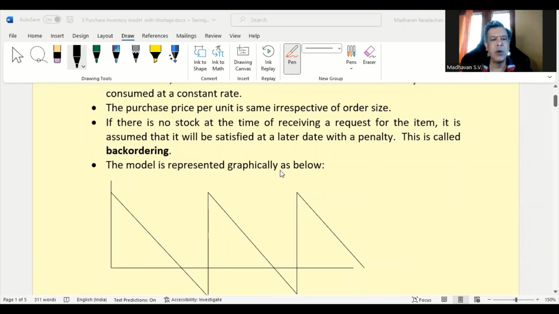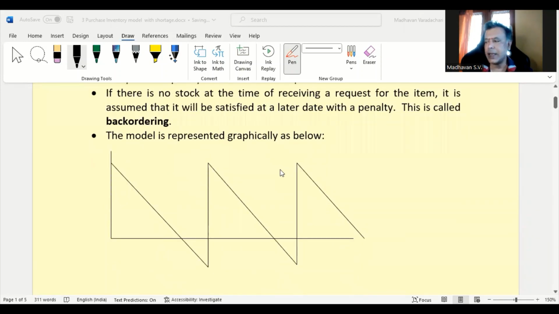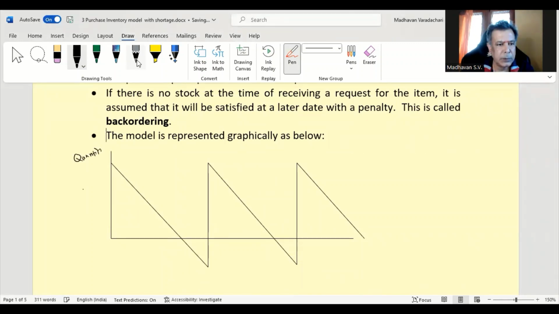So based on that, this model is represented graphically as below: quantity on the y-axis and time on the x-axis. Now, you start with the maximum inventory.